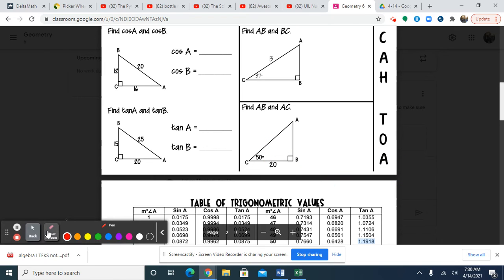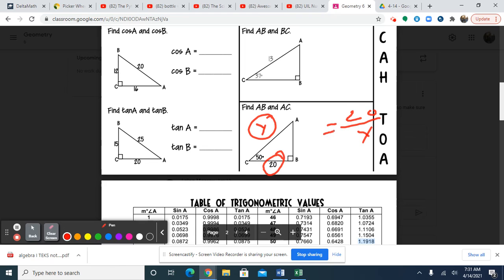Now, with AC, it's a little interesting that we're missing the hypotenuse. So the steps are a little different, but the process is the same. Now we have the adjacent side, and we're looking for the hypotenuse. So it's actually 20 over y.